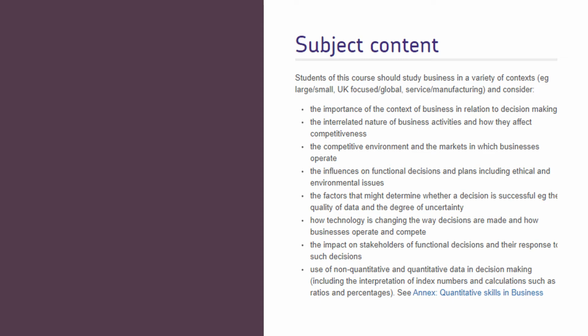Then we'll look at whether your business is a domestic business that only operates in one country or if it's global, whether your business is a service business or manufacturing, because that will impact your operations department or the way you market your products, etc. So it's really important to understand different business contexts.